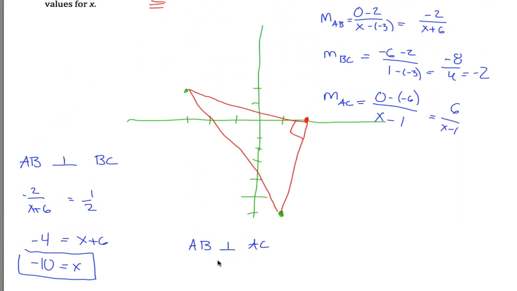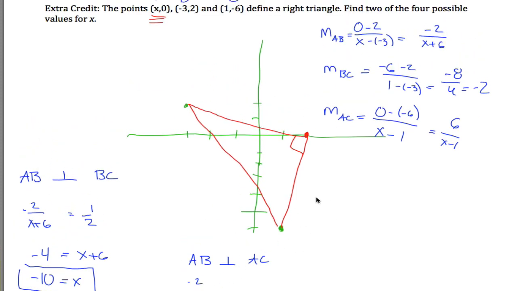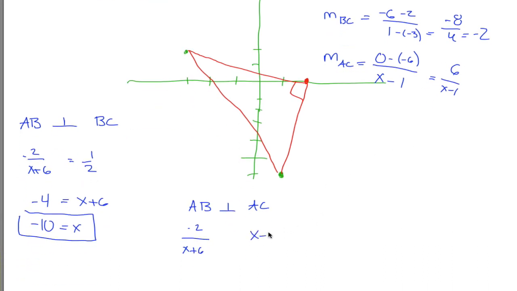Well, let's see. AB is -2 divided by x plus 6. If this is going to be perpendicular to AC, this has to be equal to the negative reciprocal of this guy. The reciprocal of this is x minus 1 over 6. I want it to be equal to the negative reciprocal of this guy.